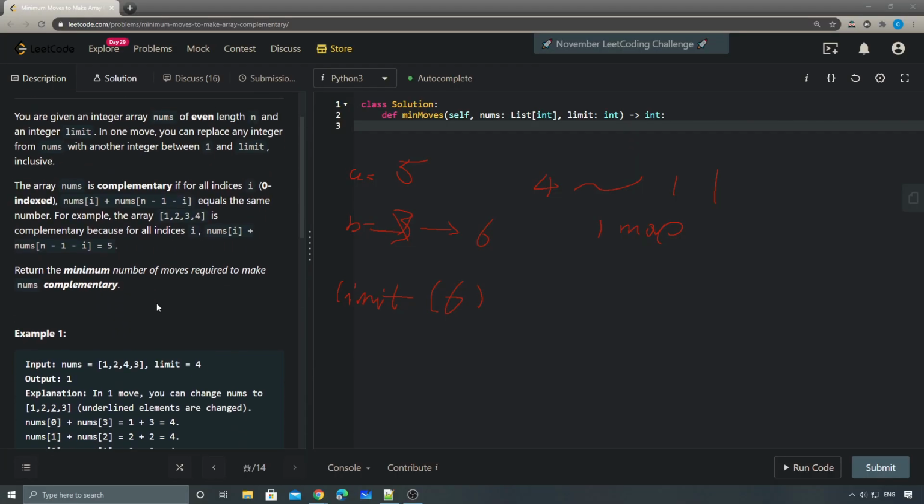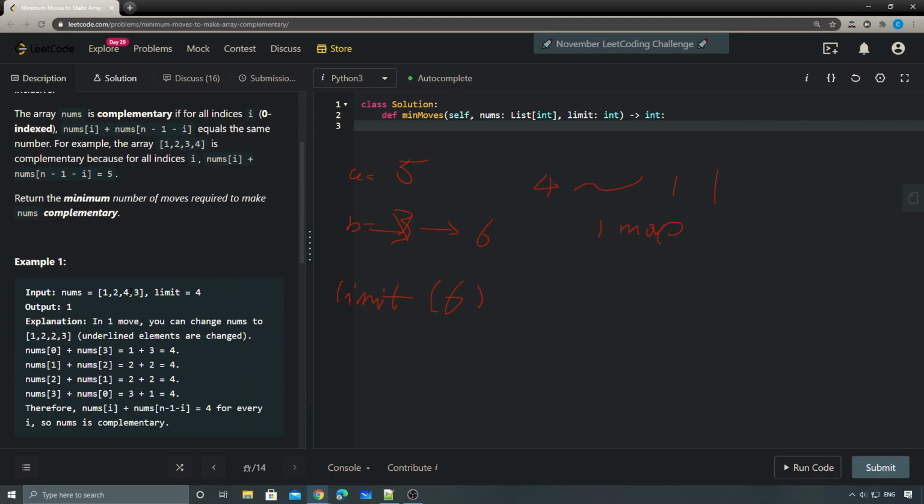And for each of the pairs, given two numbers plus a limit, we can have this range here. So now we have a range of the sum for each of the pairs. The problem comes down to this: we have different ranges, some of them might be overlapping with each other, some of them are not.